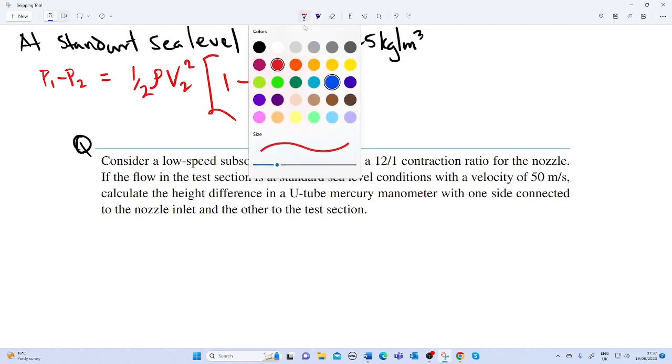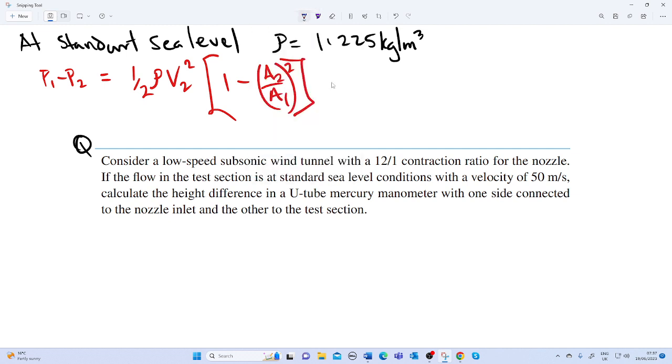Now let us note that A1 equals 12 and A2 equals 1. That is to say, the wind tunnel is connected with a contraction ratio nozzle with the area 1 which equals 12 and the area 2 which equals 1.